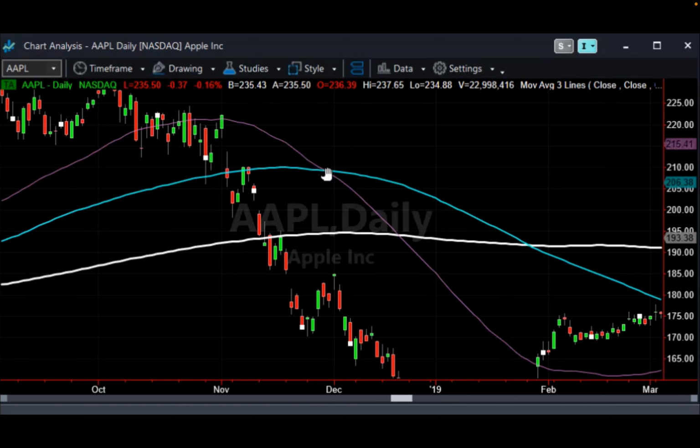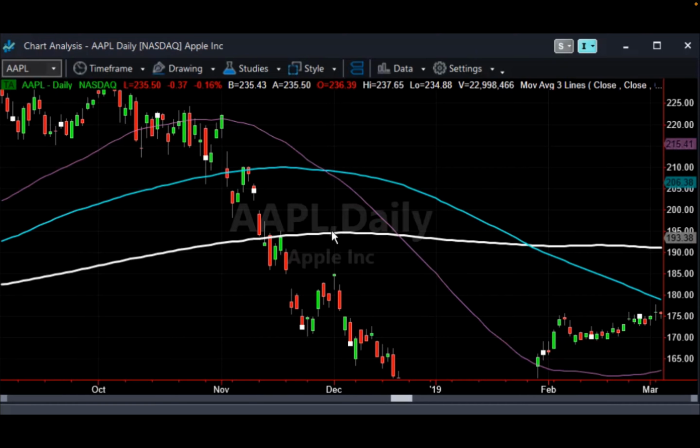You have the lower cross, which is the 50 and the 100, and then it crosses the 200, and it just keeps going. Again, don't fight the trend. If the trend is bearish, then do not try to look for a long setup in Apple. And the moving averages can really give you a clear indication of trend.